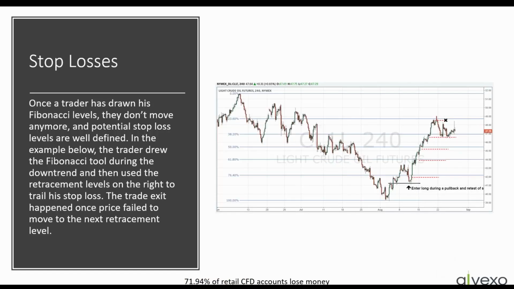So once a trader has drawn his Fibonacci levels, they don't move anymore, and potential stop loss levels are well defined. In the example on the right over here, the trader drew the Fibonacci tool during the downtrend and used the retracement levels on the right to trail his stop losses. The trade exit happened once price failed to move to the next retracement level.